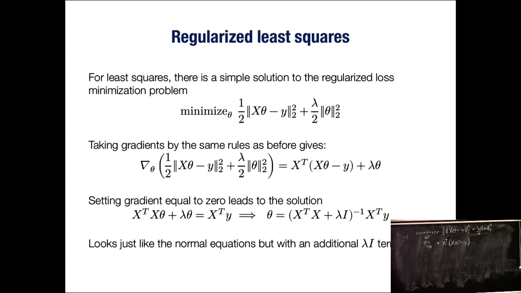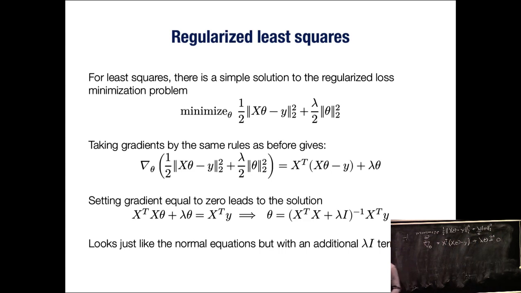In our previous slide on linear regression, we had the exact rule for the gradient of that thing: the gradient of this term is just lambda times theta. If that isn't immediately obvious, you can go back and look at the slides on linear regression to make sure these are the same exact formulas we're using as before. Once we have this gradient, we now want to set it equal to 0.